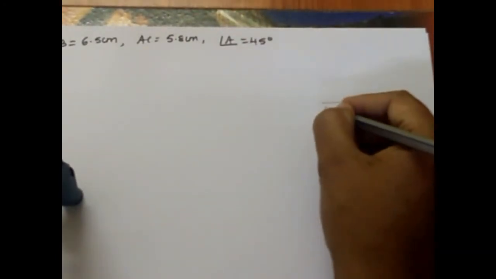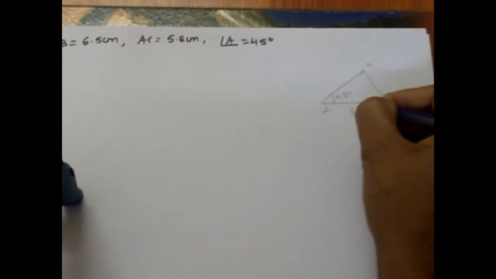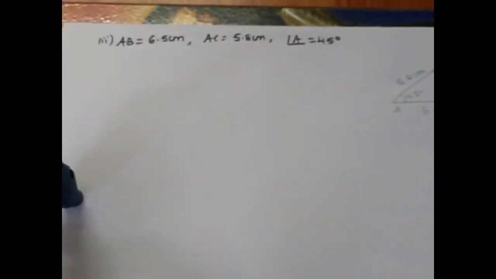Question number 3. AB is 6.5, AC is 5.8, angle A is 45 degrees. AB and AC, anything can be the base, and angle A is 45 degrees. So let's consider AB as the base, 6.5 centimeters, and AC as 5.8 centimeters. Now we need to construct angle 45 degrees.